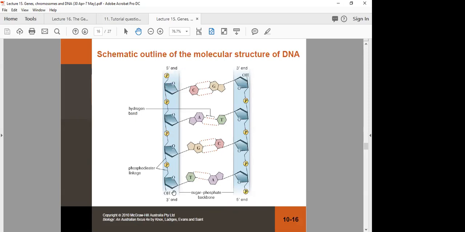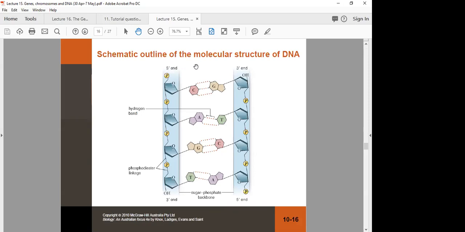And down here, we have the 3' end of this strand of DNA because we have a free, that is unbound, hydroxyl group that's attached to the 3' carbon of the sugar. We see the opposite on the other strand of DNA, 3' end up here and the 5' end down here. And that's because these nucleotides, as you can see, are positioned upside down relative to the opposite strand of DNA.